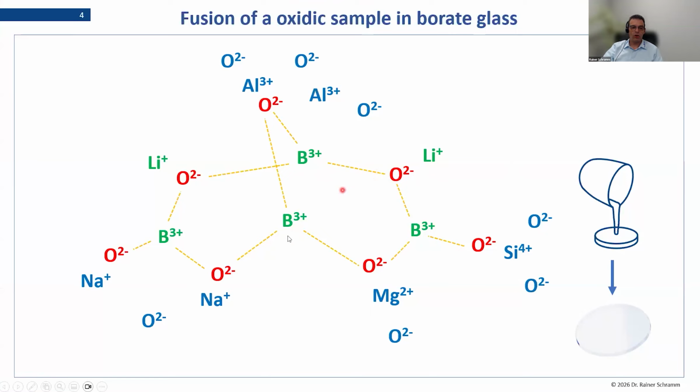We can imagine that all the cations will make a relationship to the oxygen, and of course the oxygen from our sample to the boron, and so on. And only if the sample is willing to dissolve into that glass, only then will we finally have the chance to make a bead.